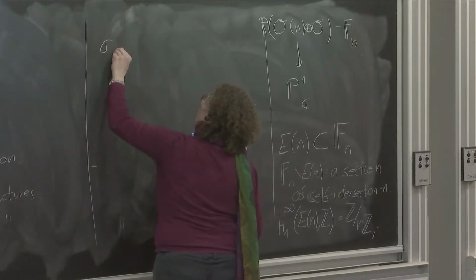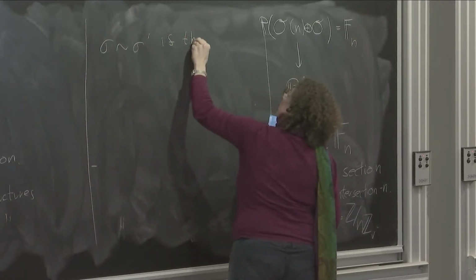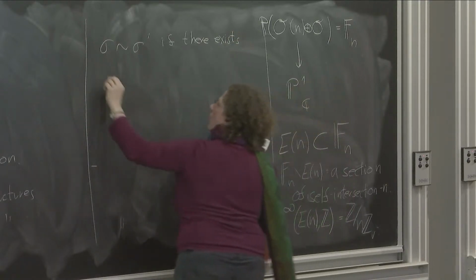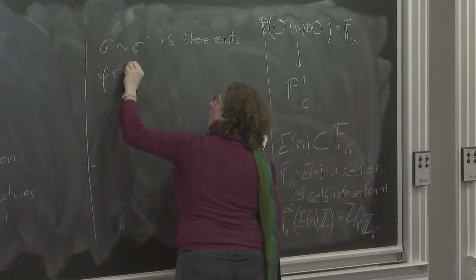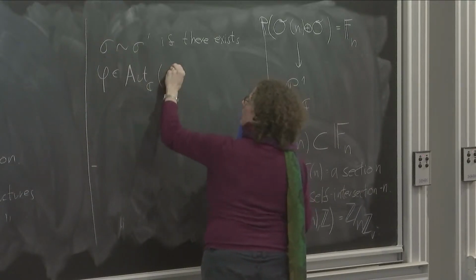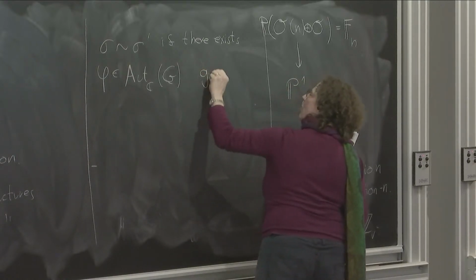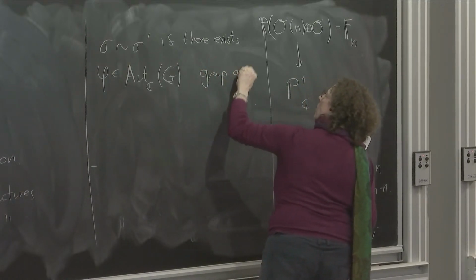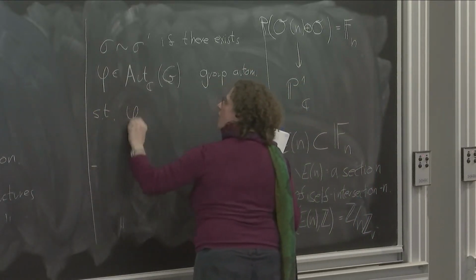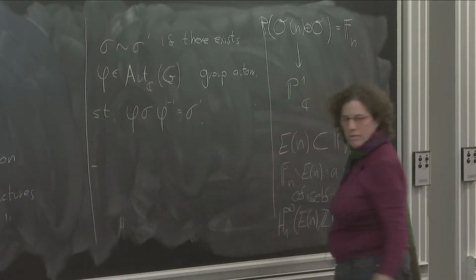Sigma is equivalent to sigma prime if there exists phi, a group homomorphism of G, such that phi sigma phi inverse equals sigma prime.